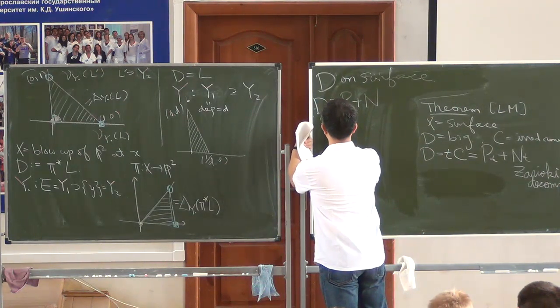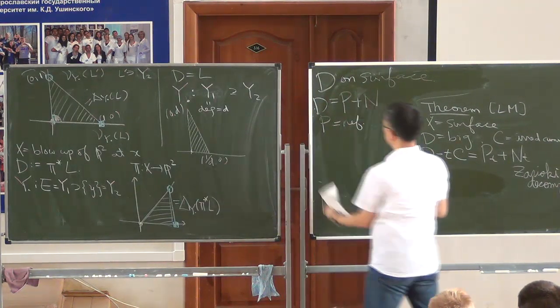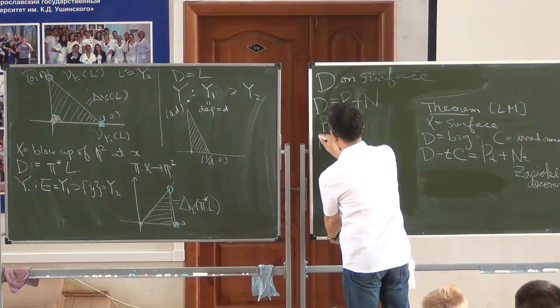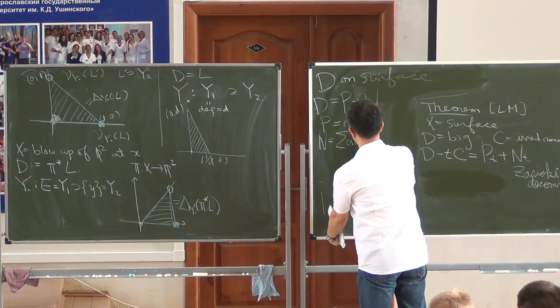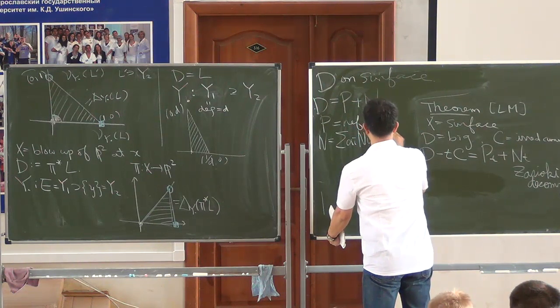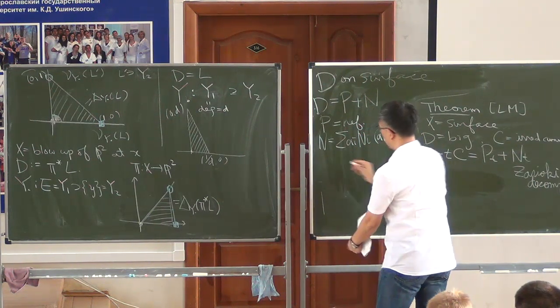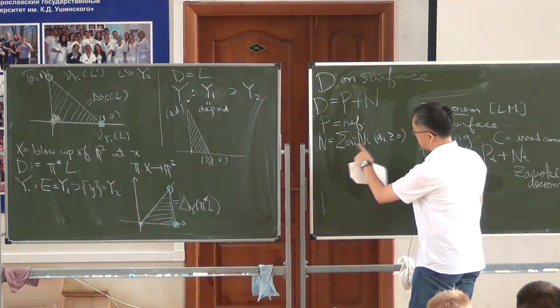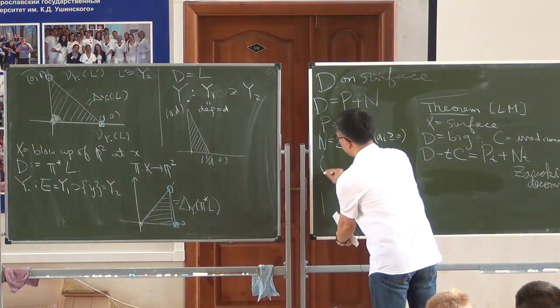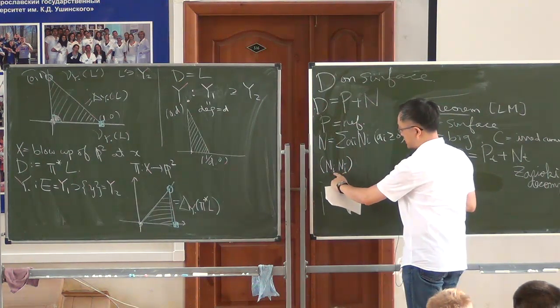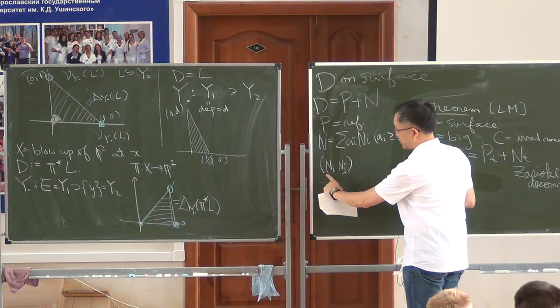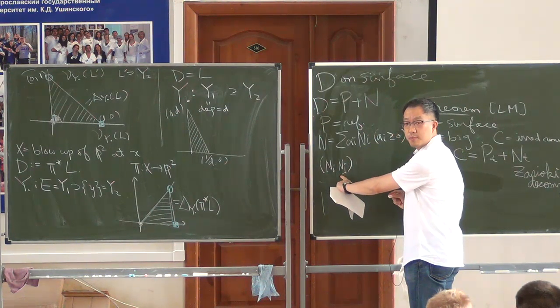P is nef, and N is effective, a sum of curves N_i, and with these curves you can define the intersection matrix formed by these intersection numbers.